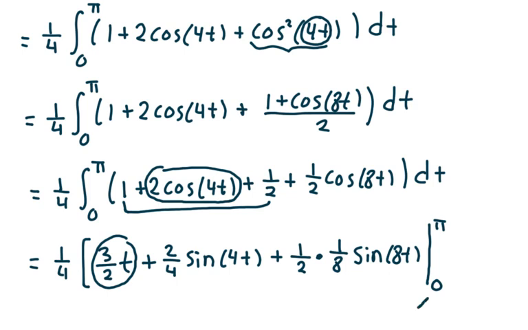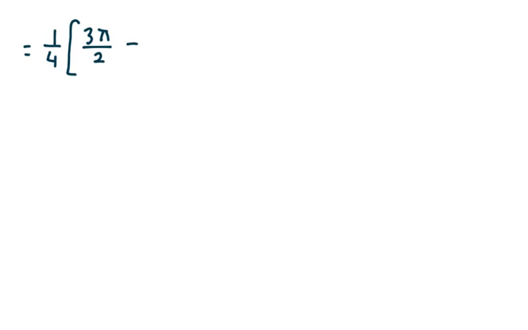And if I plug in 0 here, 3/2 times 0 is 0. Sine of 0 is 0. So I'm basically subtracting 0. And so the correct answer here should be 3 pi divided by 8. And that's problem number 9.